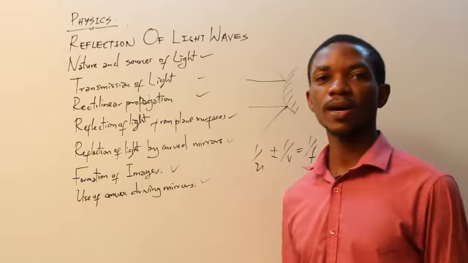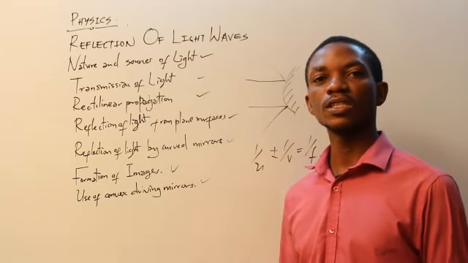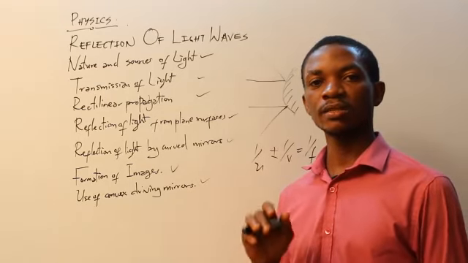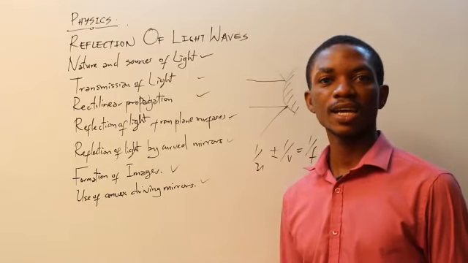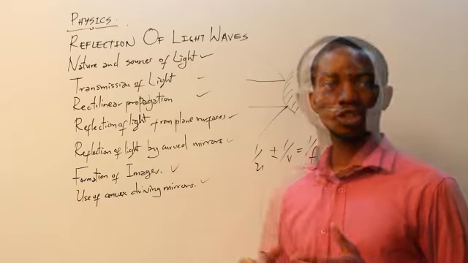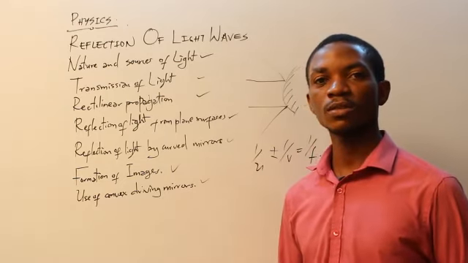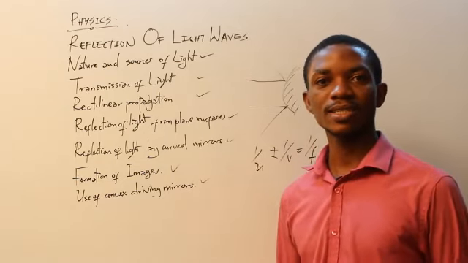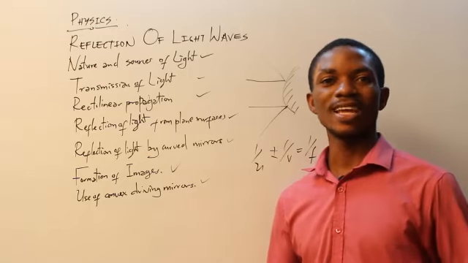The image formed by the concave mirror is real, it is inverted, and at the same time it is enlarged. For the convex mirror, they are erect, they are virtual and they are diminished. That is, it compresses the environment.